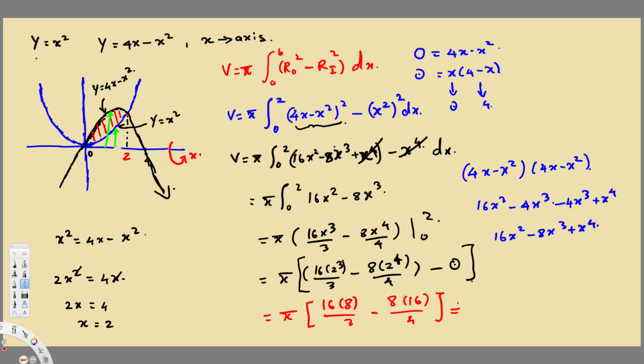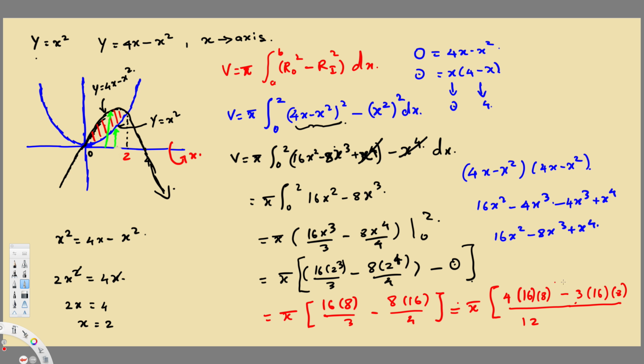So let's go ahead and simplify this one. If I take the common denominator, that's going to be 12, and in the top we have, so if we take 12 common denominator, this is going to be multiplied by 4. So 4 times 16 times 8 minus, if I take 12 common denominator, this is going to be multiplied by 3. So this is going to be 3 times 16 times 8, right?